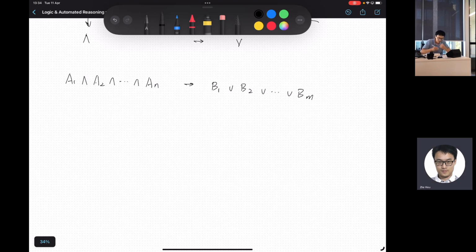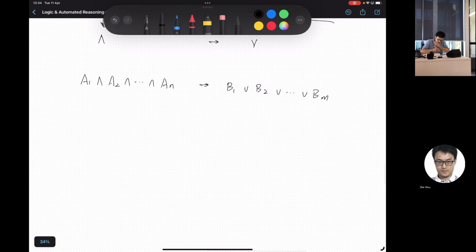Let's have a look at what happens when we have truth on the left-hand side. I'm going to write gamma to represent a set of logical formulas.